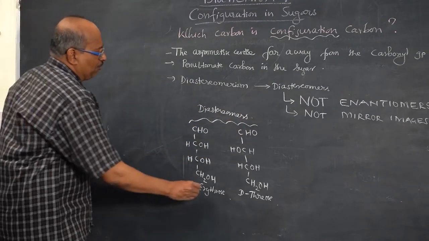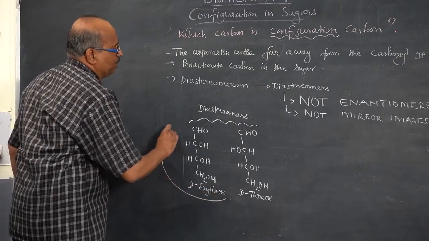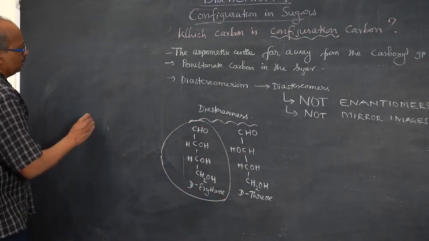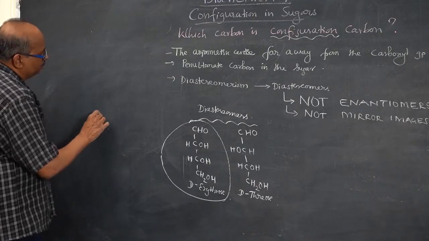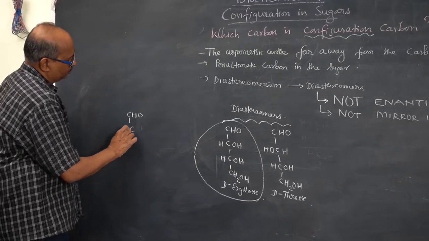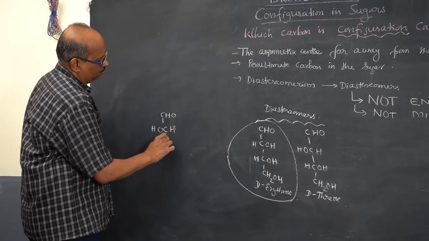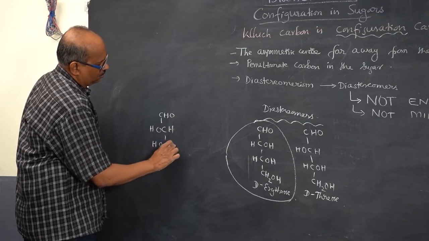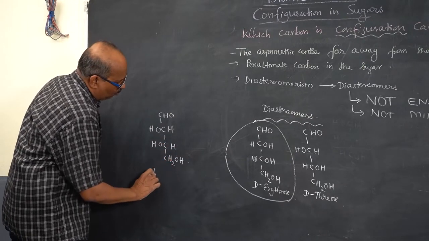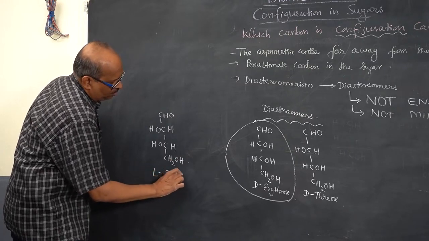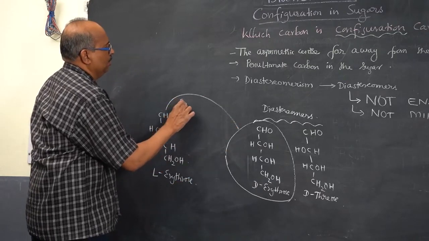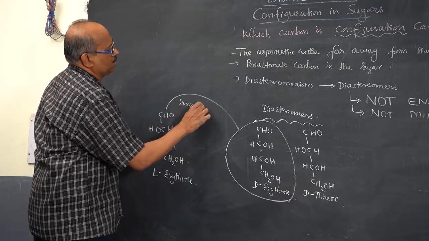For example, if I have to write mirror image for D-erythrose to produce L-erythrose, then I have to rotate all the asymmetric carbons. This compound is L-erythrose. Now we can say these two are enantiomers, mirror images.